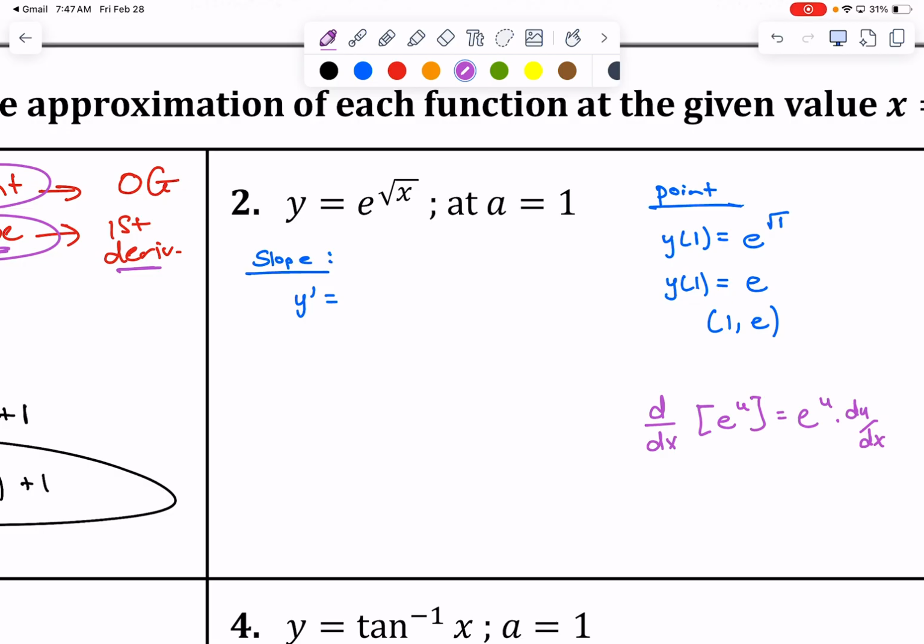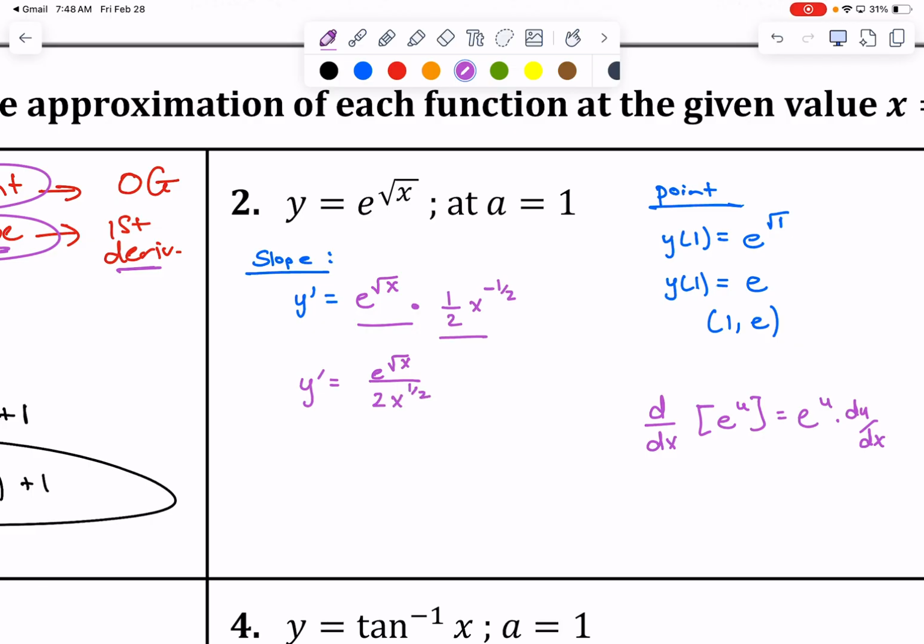All right, so what is the derivative of e to the root x? It'll just be e to the root x times the derivative of root x, which will be what? 1/2 x to the negative 1/2. Okay? So y prime is going to be, if you multiply this together, e to the root x would go to the top, and the 2x to the 1/2 would go to the bottom.